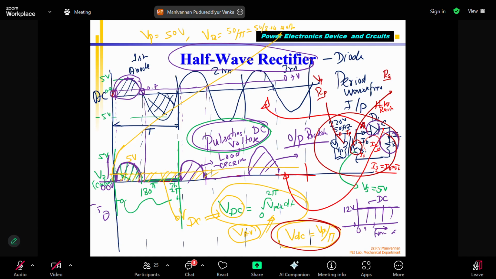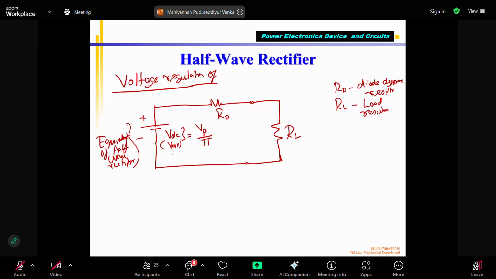Okay. Right now, here we need to add the diode resistance, the diode dynamic resistance. This is load resistance, correct?